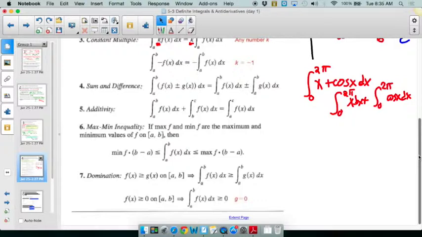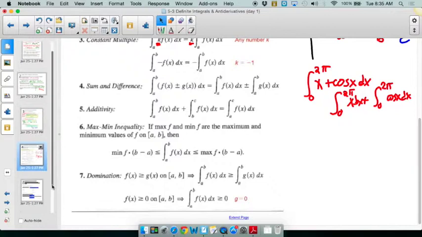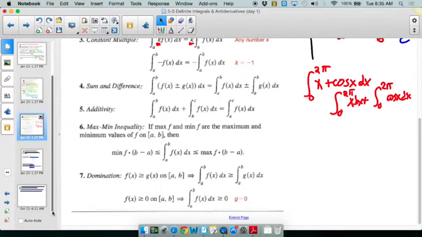Okay. So these are the properties we're gonna take a look at and have you work on at your tables. Pardon me? Did we go over the last two? Oh, 6 and 7 we're going to get into probably tomorrow. Don't worry about those today.